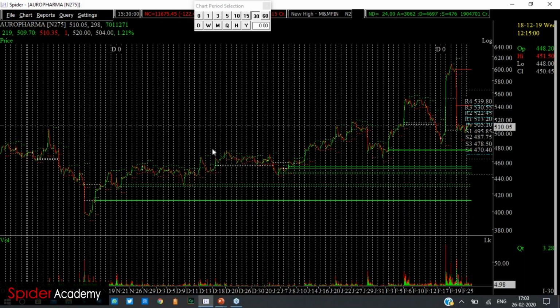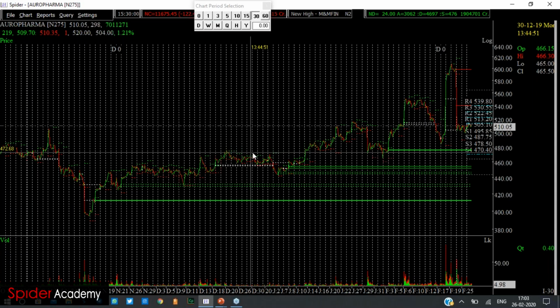Now over here, what do we see? In Oro Pharma, this particular level at 475 has become my supply zone, right? And this on the bottom side has become my demand zone. Because every time you see over here, the prices went above it earlier at this point in time also, and over here also.